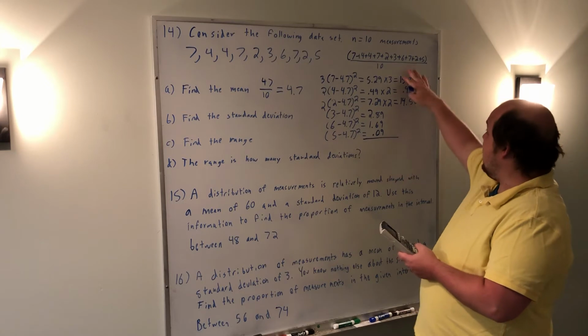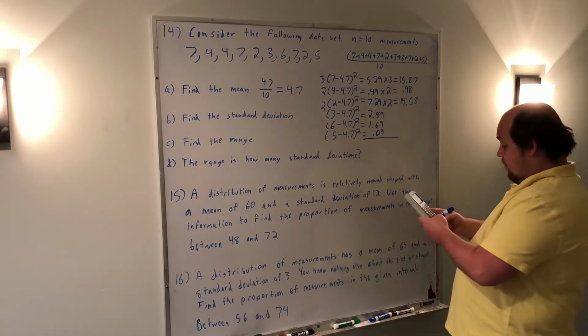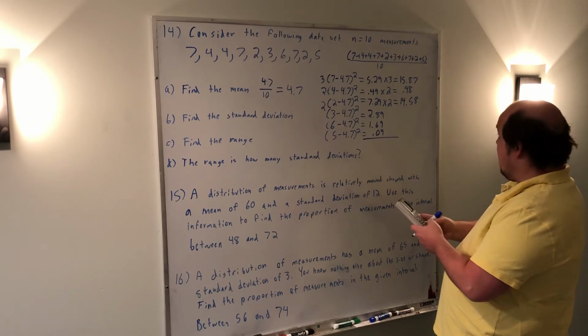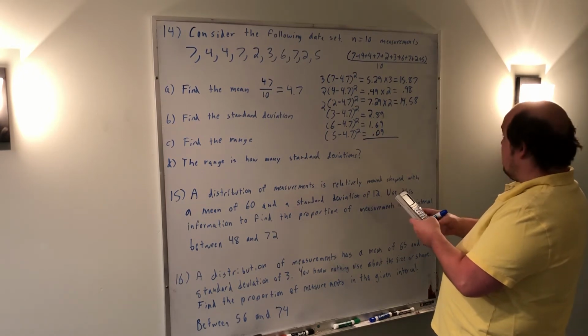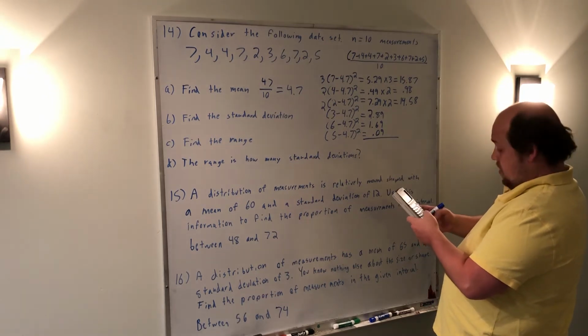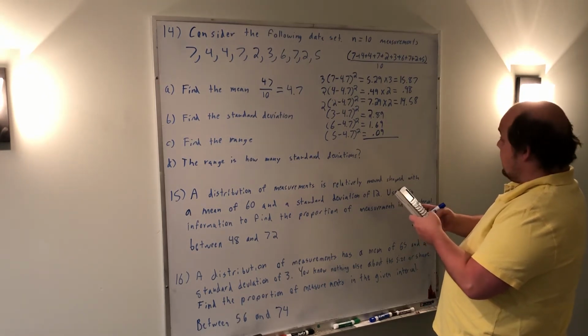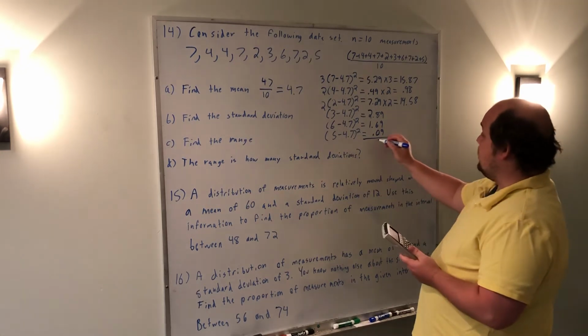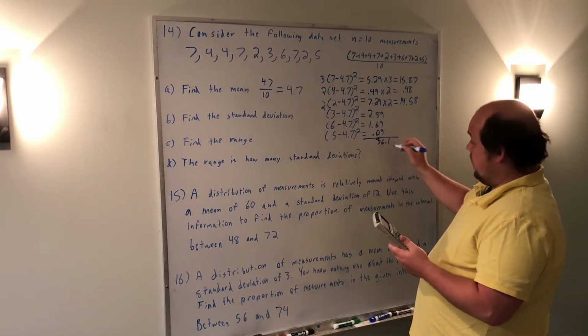My goal is now to add all these together, so I'm doing 15.87 plus 0.98 plus 14.58 plus 2.89 plus 1.69 plus 0.09. All of that totals up to 36.1.